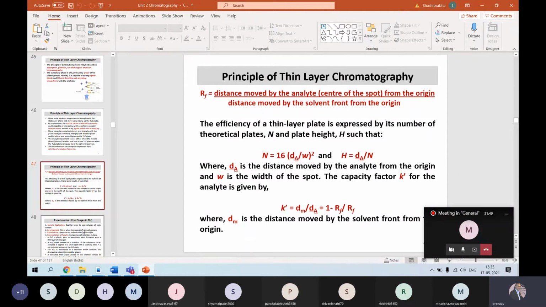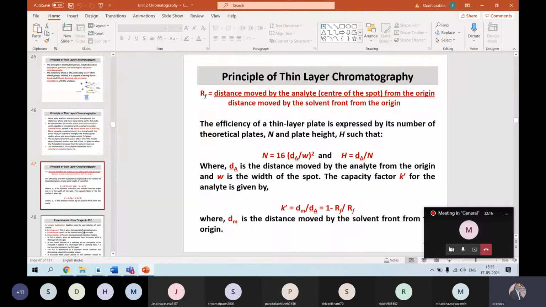So the distance moved by the analyte divided by the distance moved by the solvent would give you a ratio, which you call the retention factor or retardation factor, which is comparable to the retention time which you observe in other chromatographic techniques.